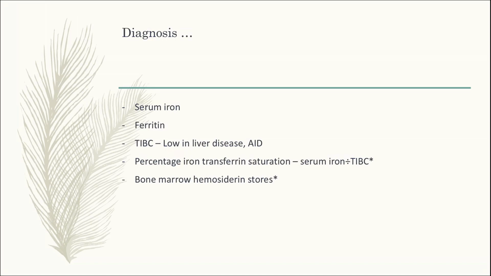Especially if there is functional liver disease, you will see low transferrin, which can cause low TIBC levels, which can lead to iron deficiency anemia. And in bone marrow, you will see drastically reduced hemosiderin stores.